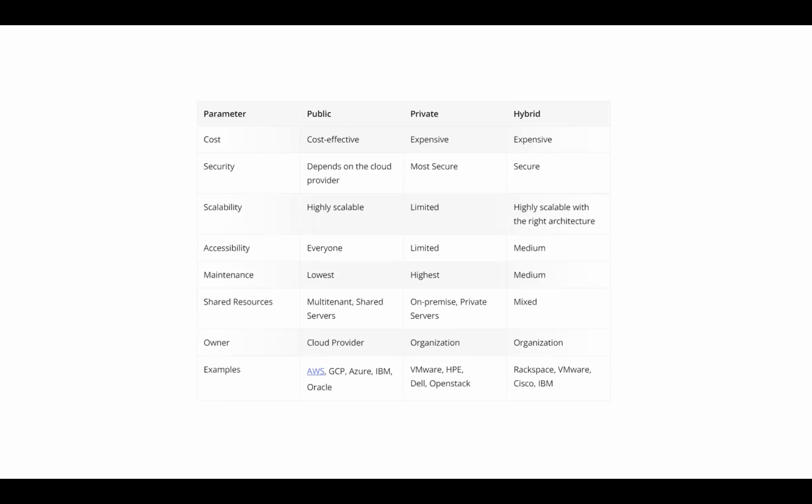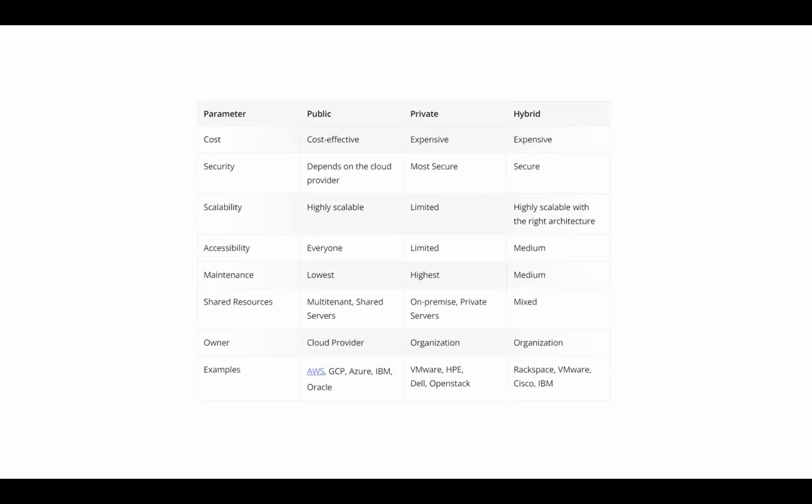Coming to the ownership, the owner of the public cloud is the cloud provider, the organization that provides the cloud. In the private, the organization themselves have the rights on that specific private cloud. And the hybrid is also managed by the organization because it has a private cloud, so the organization has full rights on that hybrid cloud.